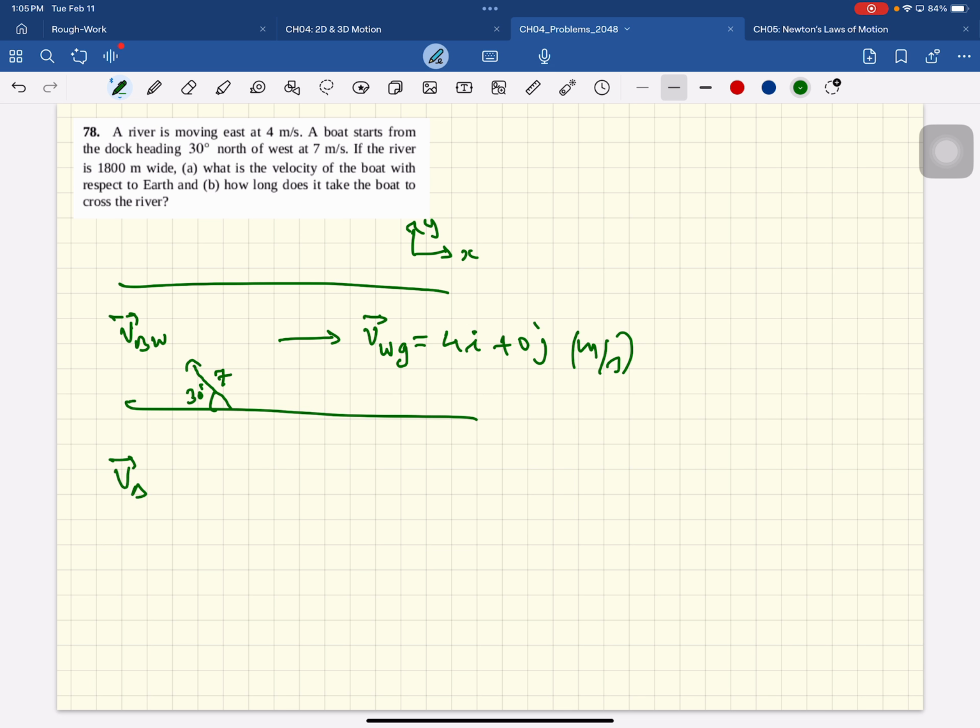Velocity of the boat with respect to water is minus 7 cosine 30 i plus 7 sine 30 j. You guys understand? All right, so we are still just setting up the problem.